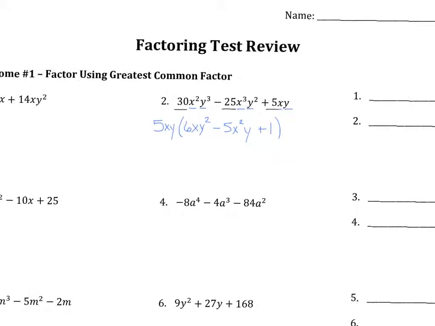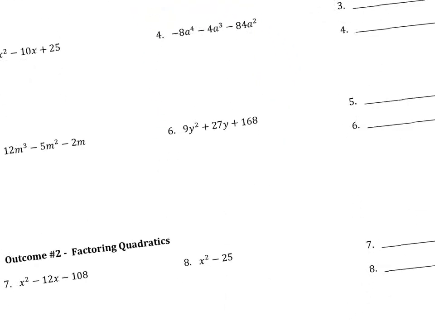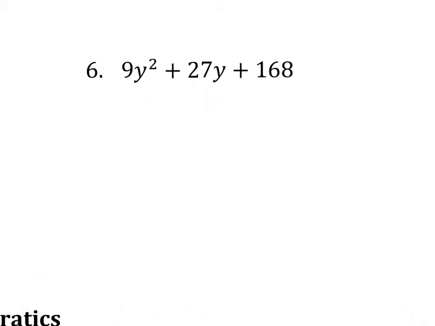Now, a problem where you might run into an issue is number 6. It might seem logical to not only divide everything by 9, but you need to make sure, first of all, that everything is divisible by 9. You're going to find that 168 isn't divisible by 9, but it is divisible by 3.